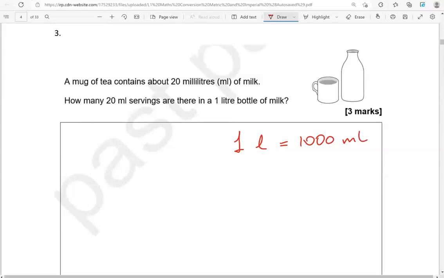As a point of reference, we have bottles of oil typically coming in 1 liter bottles. Whereas in milliliters, we measure medicine. So a teaspoon holds 5 milliliters. So milliliters are very small amounts. So 20 milliliters for 1 mug of tea.